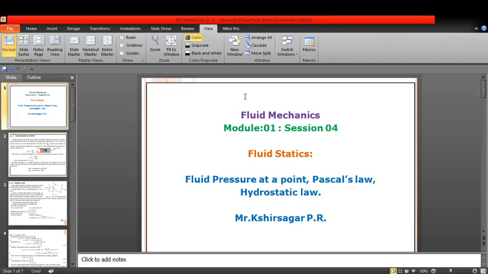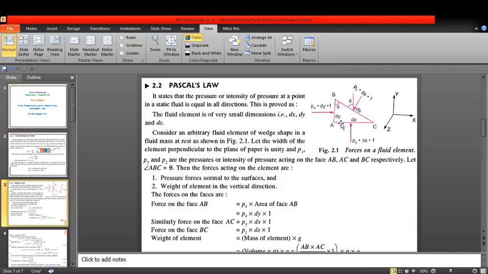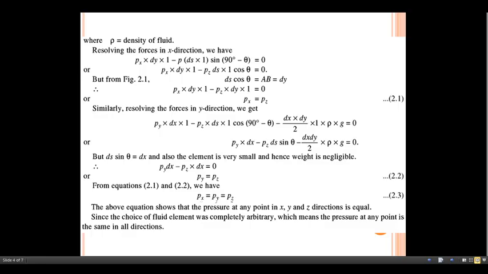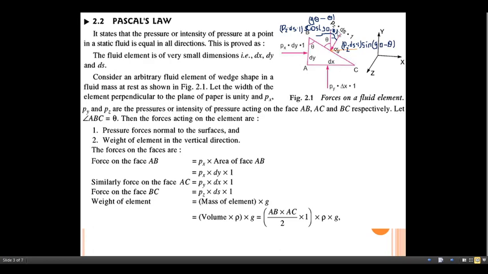Now, resolving the forces in the x direction, focus on this diagram once again.